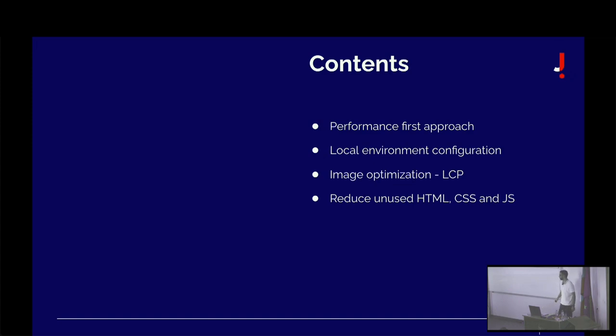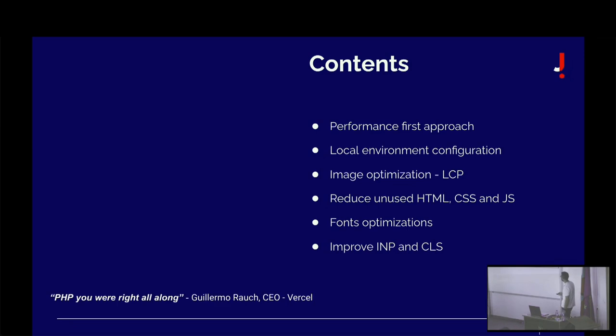How we can reduce the unused HTML, CSS, and JavaScript, not only CSS and JS, the HTML as well. A bit of font optimization. And how we can improve the Interaction to Next Paint and the Cumulative Layout Shift. These are the other two Core Web Vitals from Google.